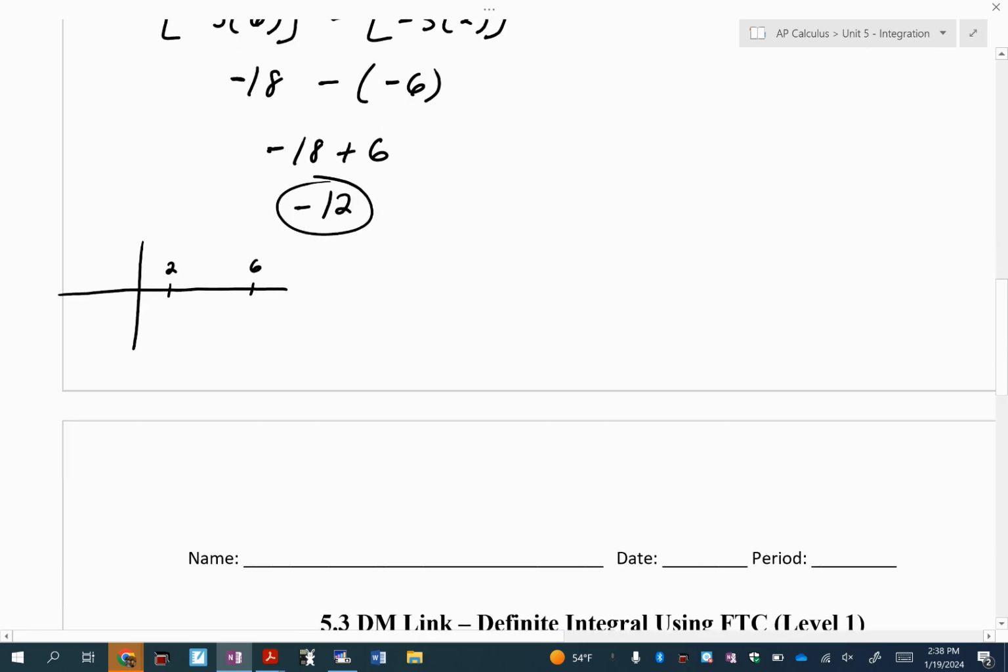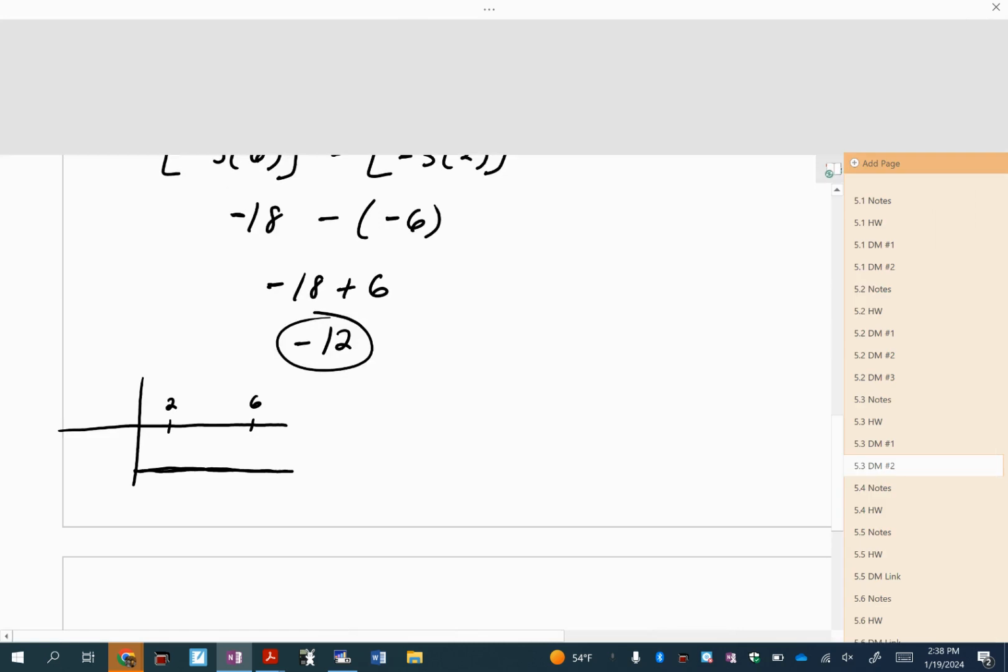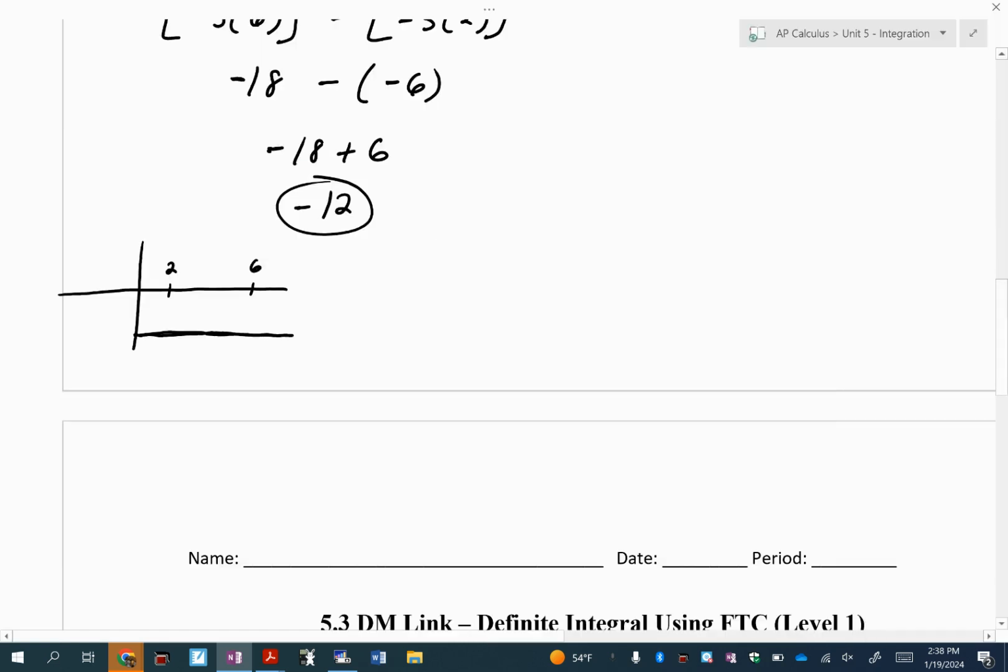It's a horizontal line. I'm just trying to find the area under the curve here. What shape is that? It's a rectangle. So this distance is 4, this is negative 3. What is 4 times negative 3? Negative 12. I'm trying to connect it in your brain, George.